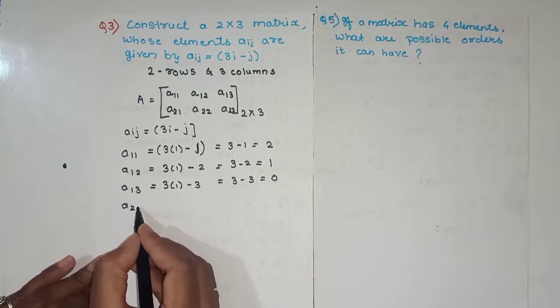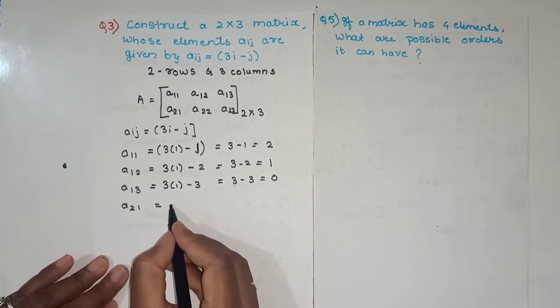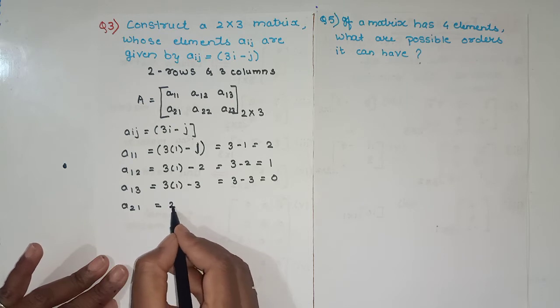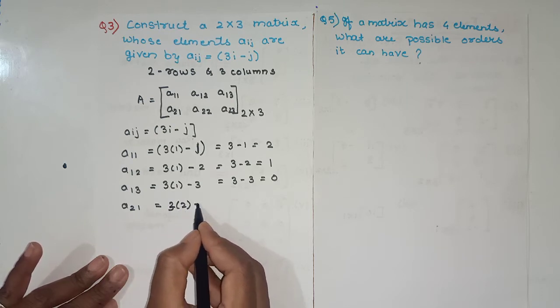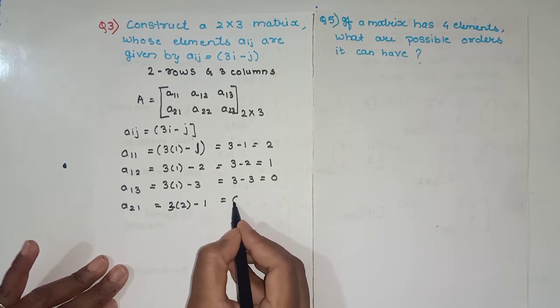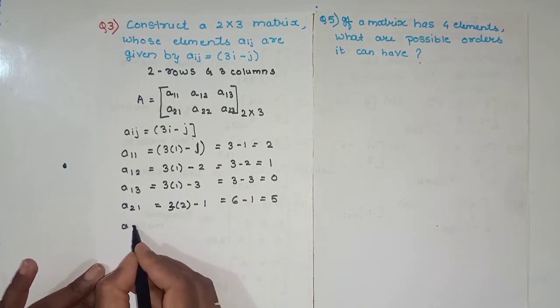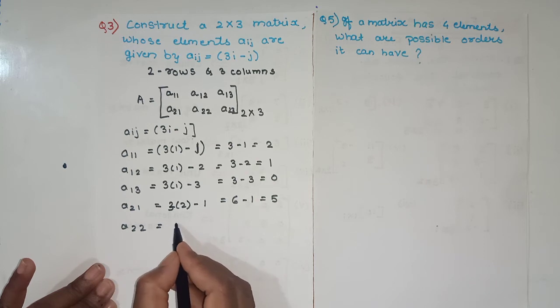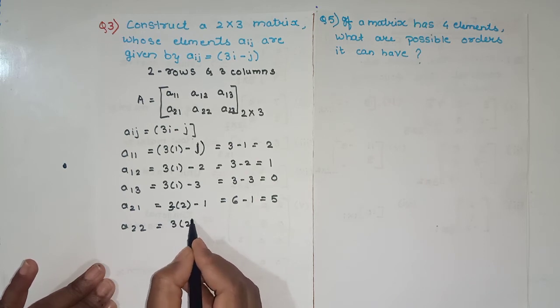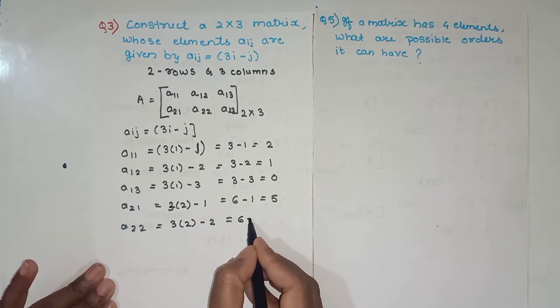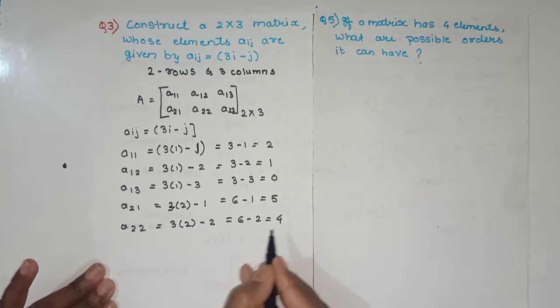Then A21 equals 3 into 2 minus 1, which is 5. Then A22 equals 3 into 2 minus 2, which is 4.